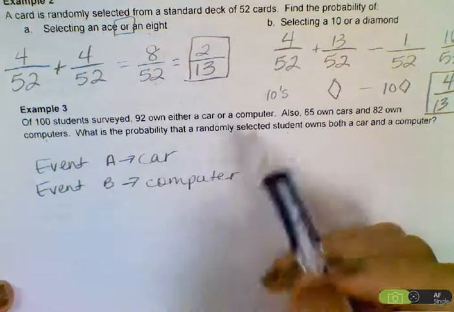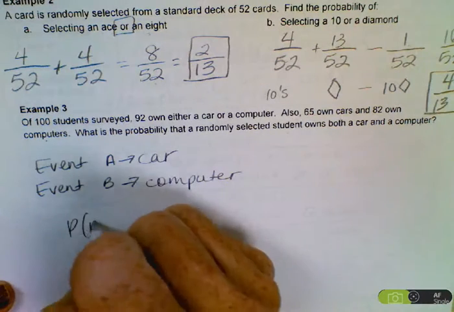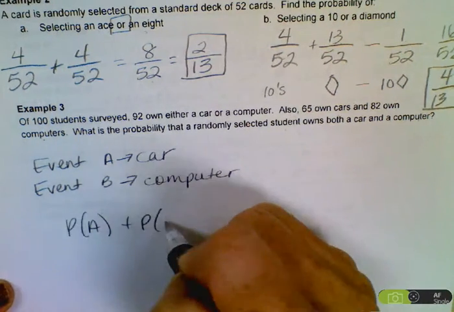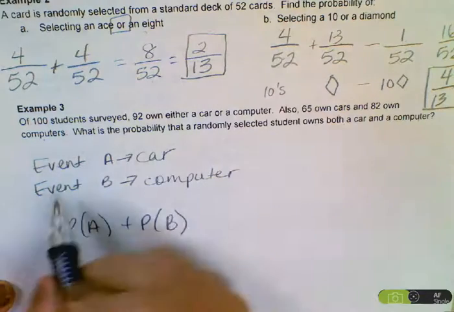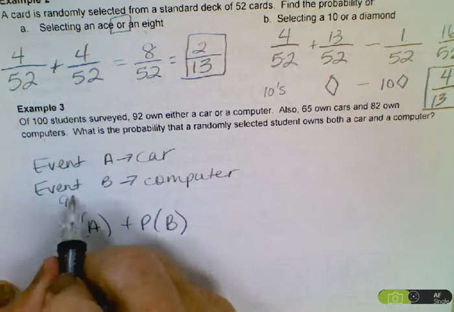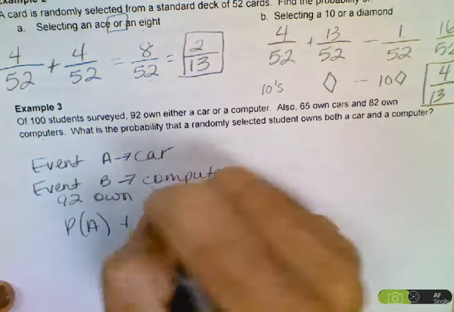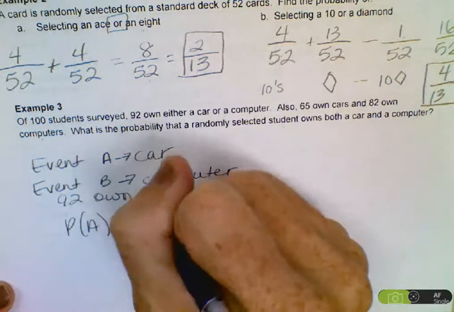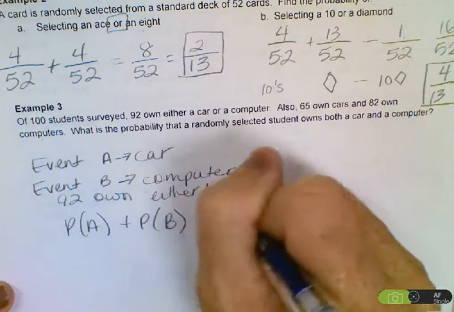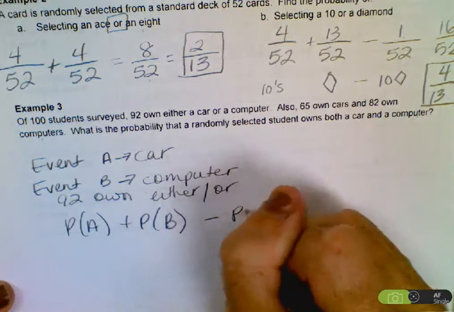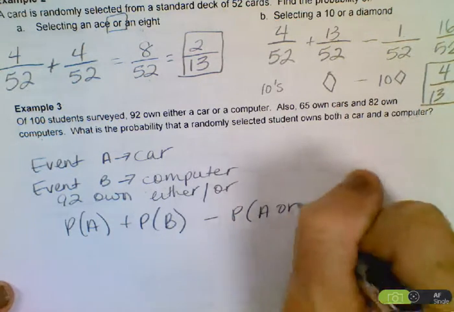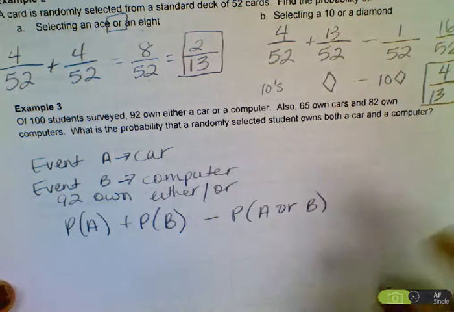So if we think about our formula, which is the probability of A plus the probability of B, the problem is we also know that 92 own one or the other. So we have to subtract back out that possibility of A or B, a car or a computer.